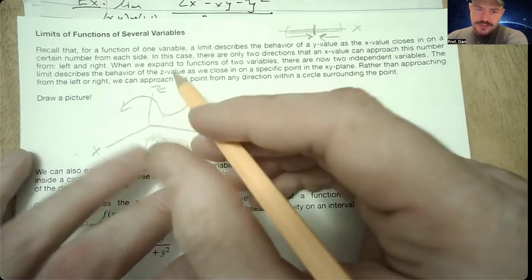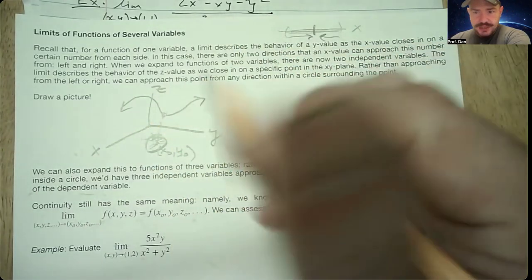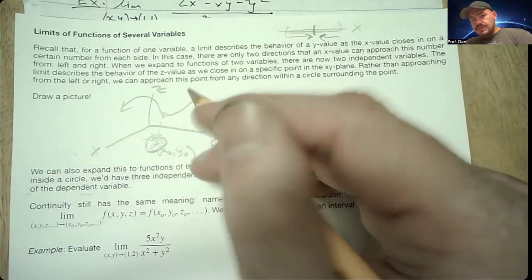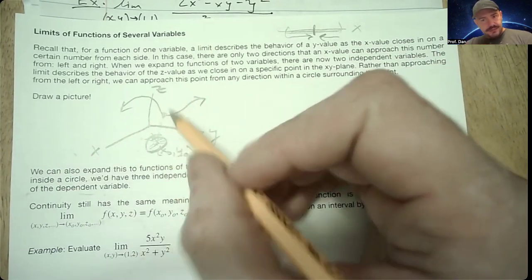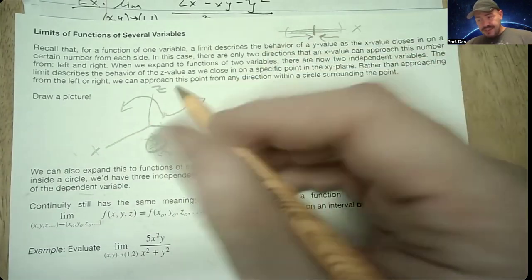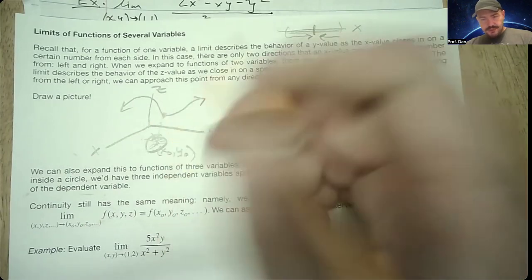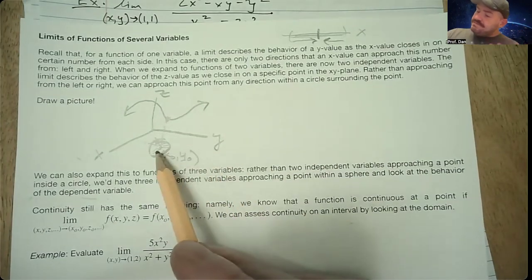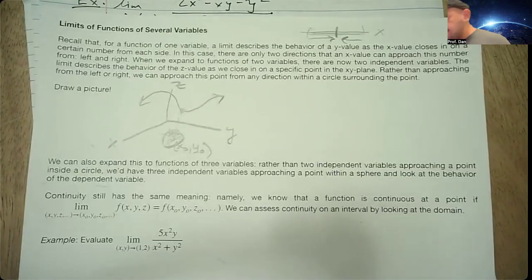Which would also be the same if this were, say, a plane or like one of those tacos we talked about. The thing is, if there's any direction on that three-dimensional surface where the Z coordinate approaches something different than whatever that Z coordinate is, the limit does not exist. The limit does not exist. That's the idea. That's how we extend into two dimensions.